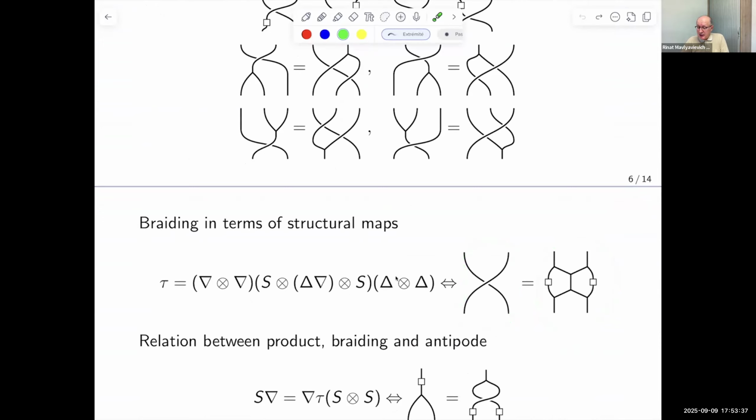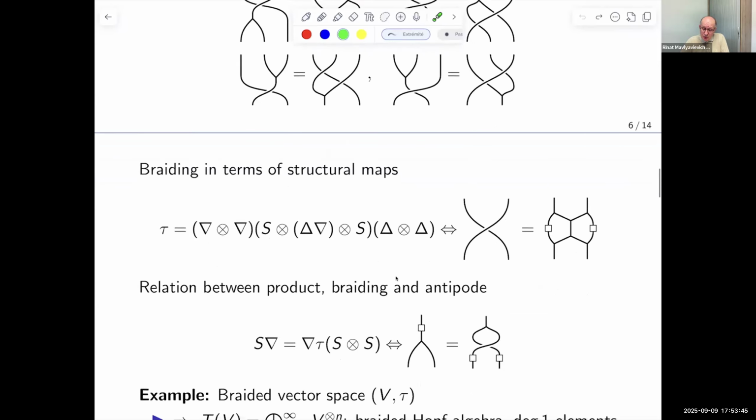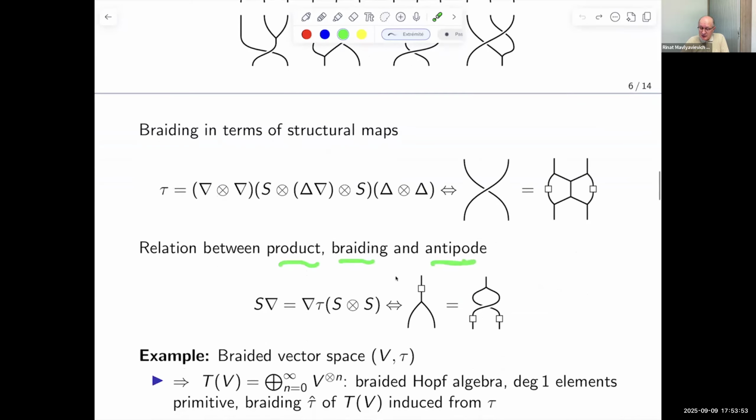Like this, and in the subsequent part of my talk, this relation will be useful. Another consequence is that the product, braiding and antipode satisfy this relation diagrammatically, or like this as a formula in terms of letters.